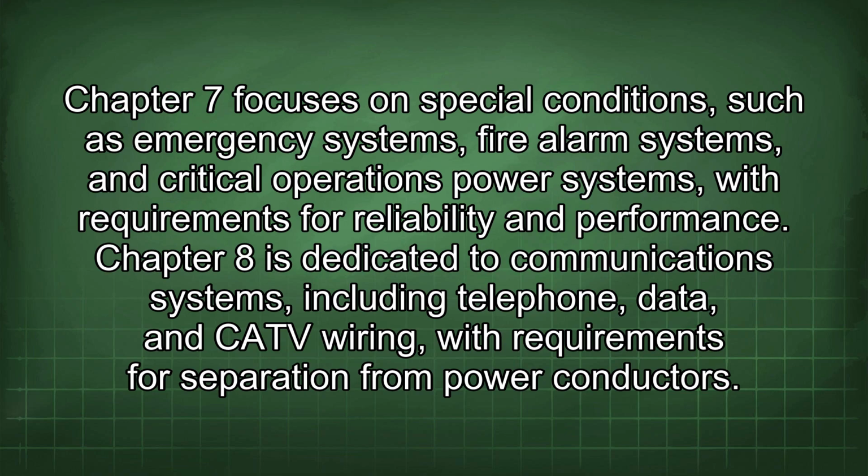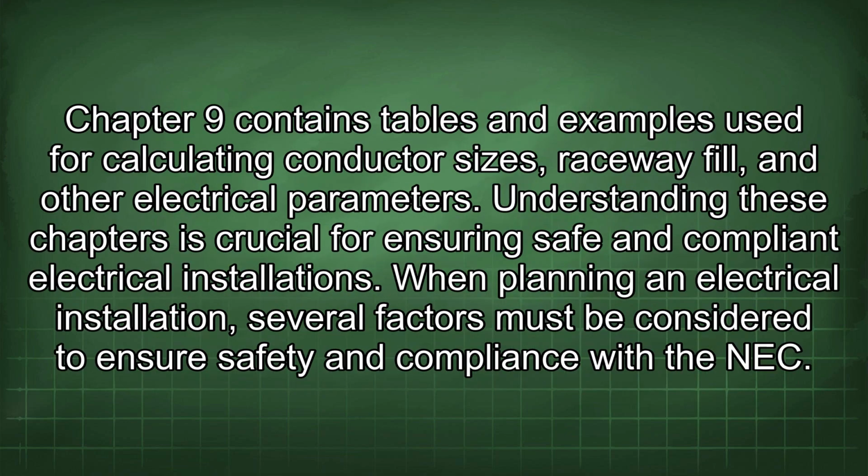Chapter 8 is dedicated to communications systems, including telephone, data, and CATV wiring, with requirements for separation from power conductors. Chapter 9 contains tables and examples used for calculating conductor sizes, raceway fill, and other electrical parameters. Understanding these chapters is crucial for ensuring safe and compliant electrical installations.